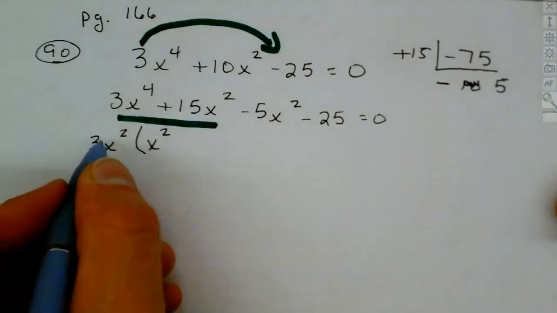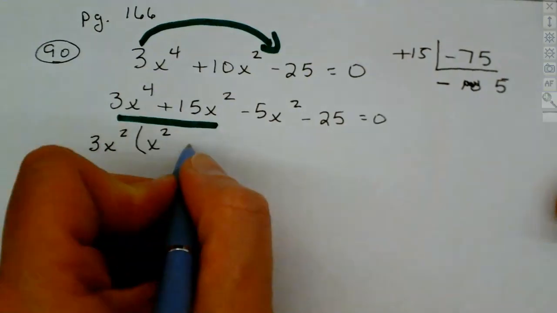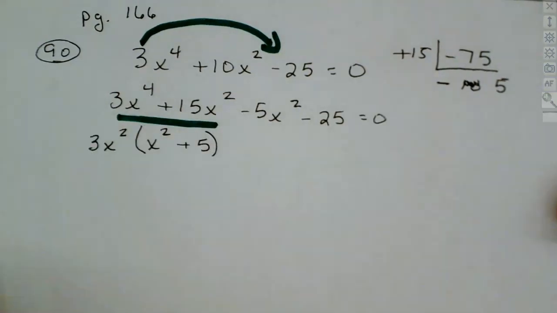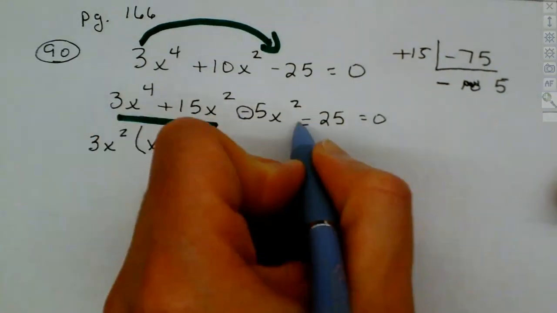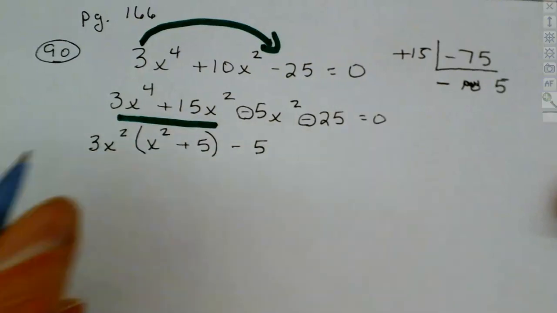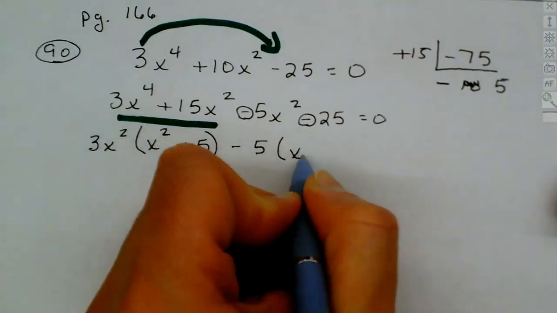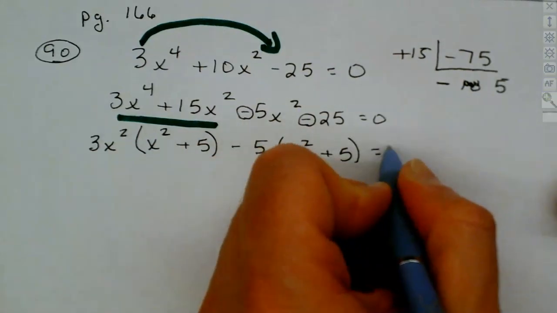Take out that 3, and 15 divided by 3, that makes it a 5, right? So that's what we got there. Next two pieces, these are negative. So let's take out a minus 5, and that leaves you then with an x squared plus 5 equals 0, right?